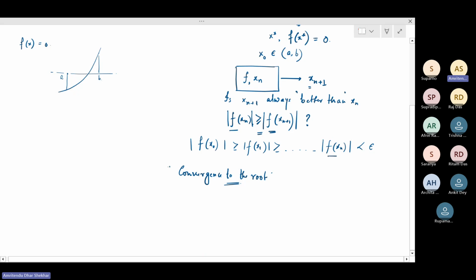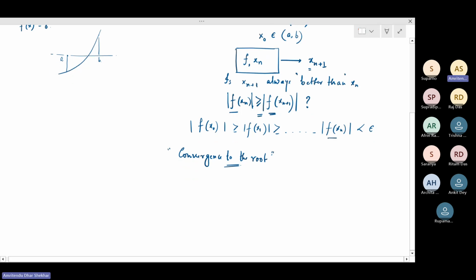And what this means is that, so what is the numerical scheme? You can draw this numerical scheme as a black box, where if you feed in the estimate xn and this function f, it will churn out another estimate xn plus 1.